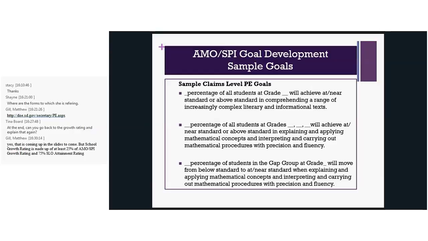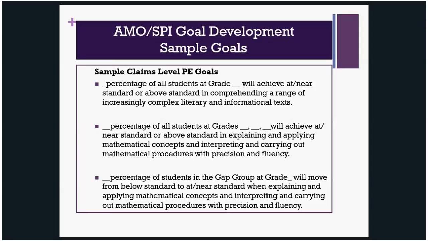A second goal might be a certain percentage of all students at maybe multiple grades will achieve at or near standard or above standard in explaining and applying mathematical concepts and interpreting and carrying out mathematical procedures with precision and fluency. The next goal addresses that gap group issue. Maybe you want to focus on your gap group.